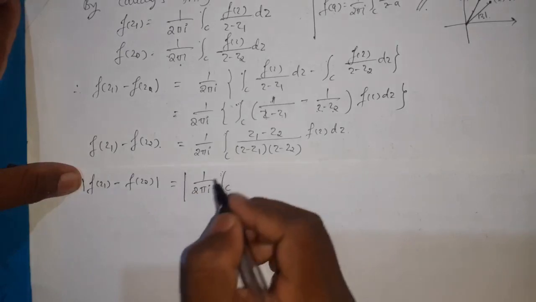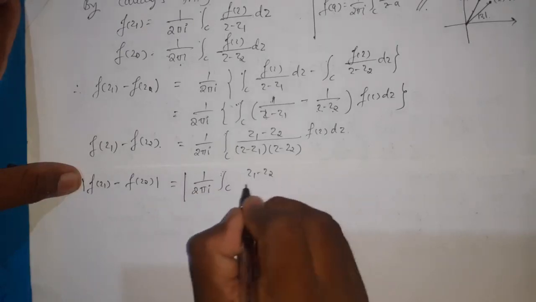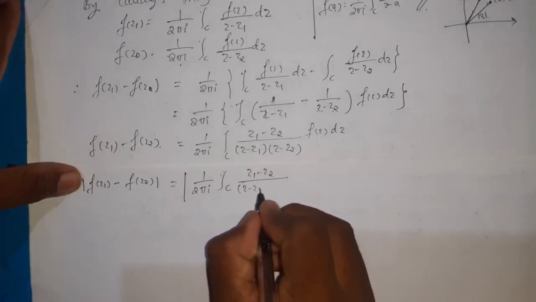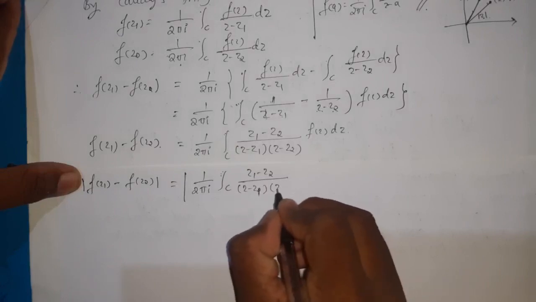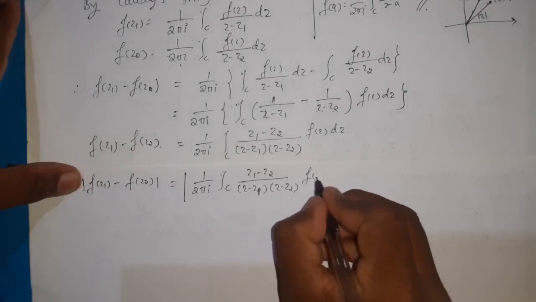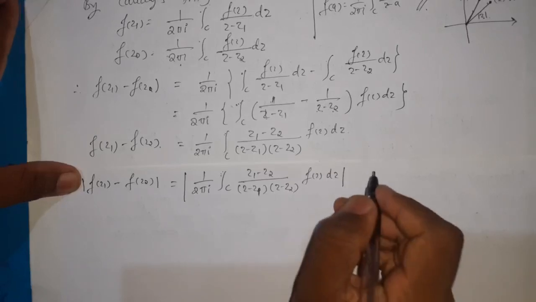and here apply modulus: z1 minus z2 divided by z minus z2, so z1 z minus z2 f of z dz.